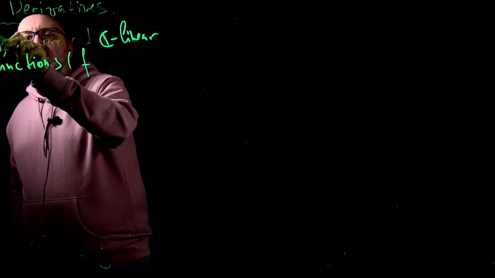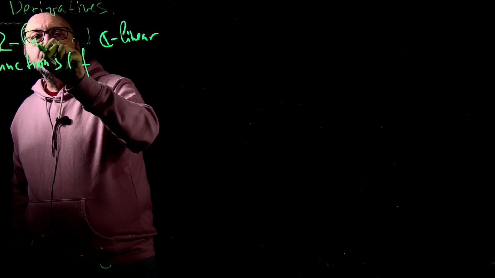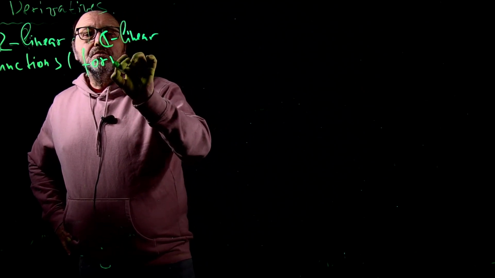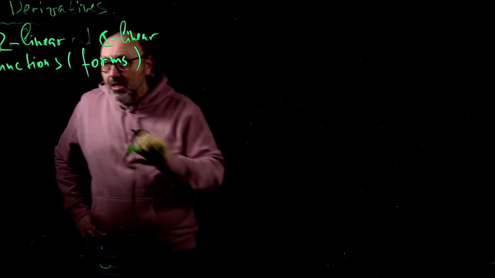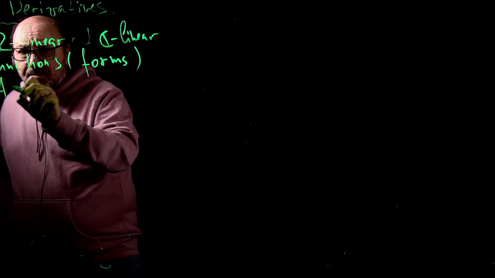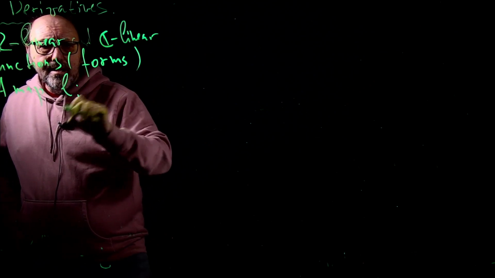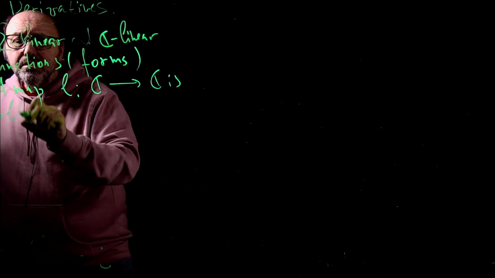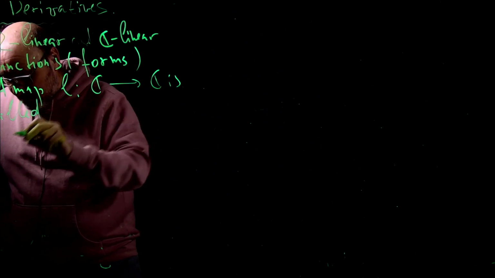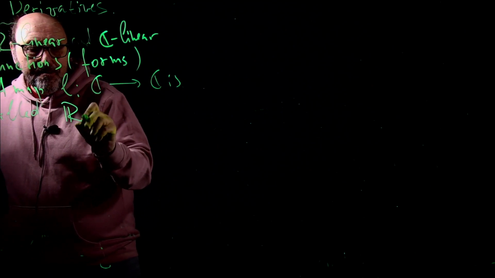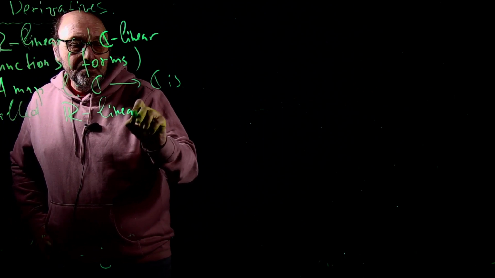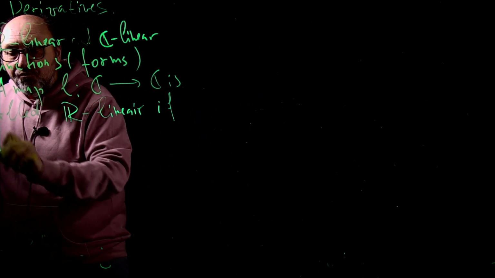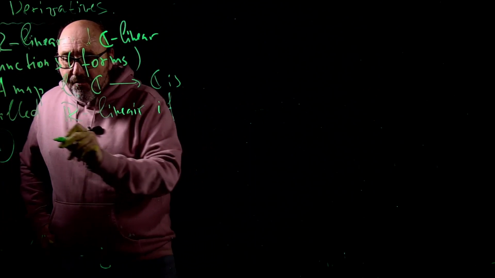Forms, so R-linear forms. A map L from C to C is called R-linear if two properties are satisfied.